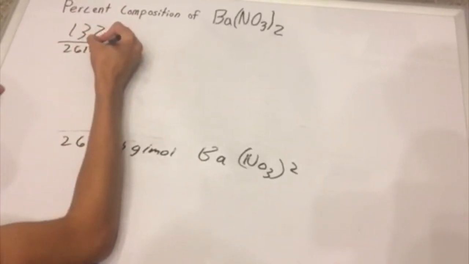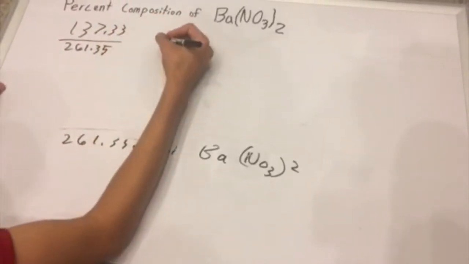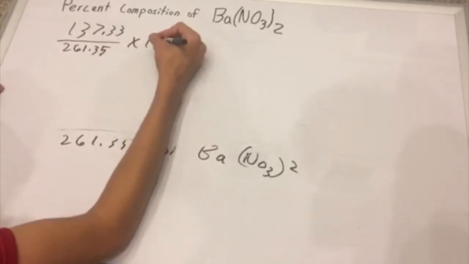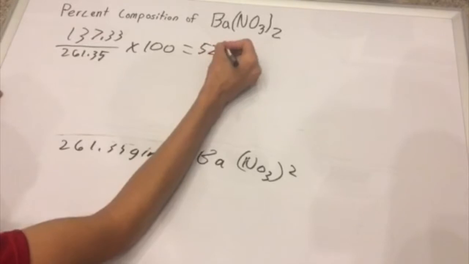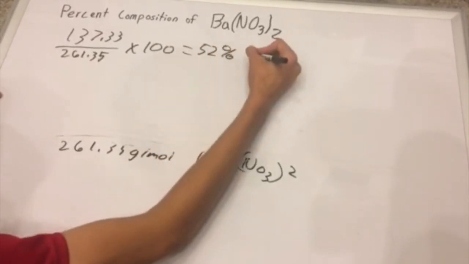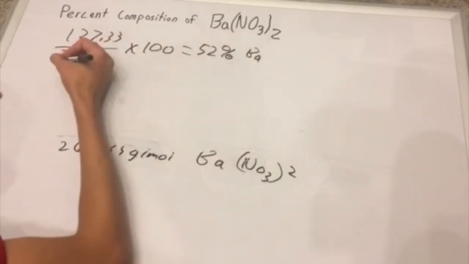Then divide those answers by the total molar mass that was given at the beginning of the problem. Multiply those answers by 100 to get your percentages. It's just that simple. And to check your answer, you should add up all your percentages and you get 100.